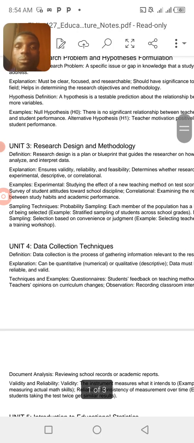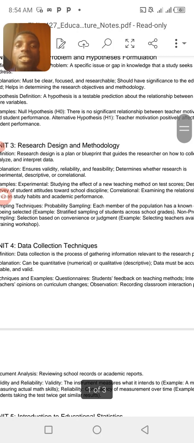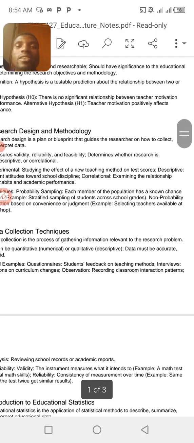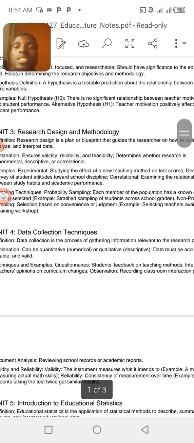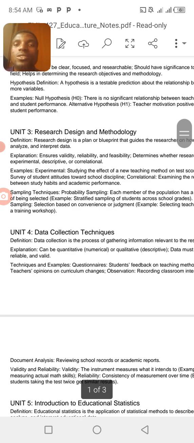Example, null hypothesis, which is denoted as H0. It shows that there is no significant relationship between teacher motivation and student performance. If you interpret it, that means when teachers are motivated, it still doesn't show in the outcome of student performance, which we call null hypothesis, denoted as H0.